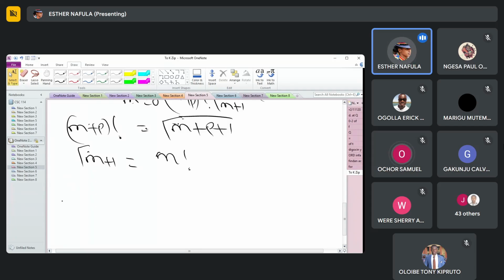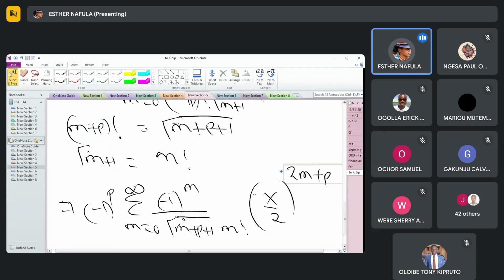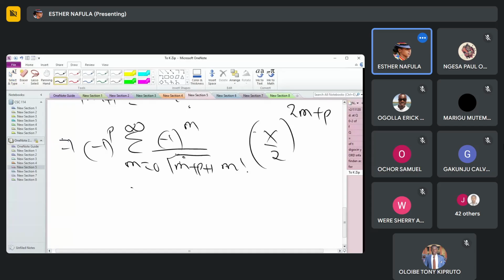This implies we have minus 1 to the p, summation over m running from 0 to infinity, minus 1 to the m divided by gamma of m plus p plus 1 times m factorial, x over 2 to the 2m plus p. Suppose we use k instead of m. k and m are just dummy indices.